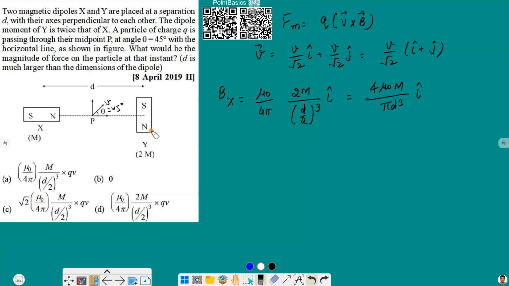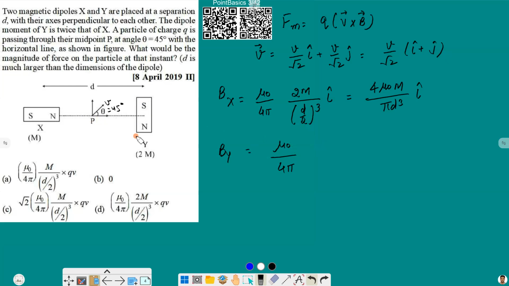Now for magnet Y, point P is an equatorial point, so here we have magnetic field mu naught by 4 pi, half of the magnetic dipole moment. Oh, sorry, the same value of the magnetic dipole moment, since in the case of the axial point it gets doubled.